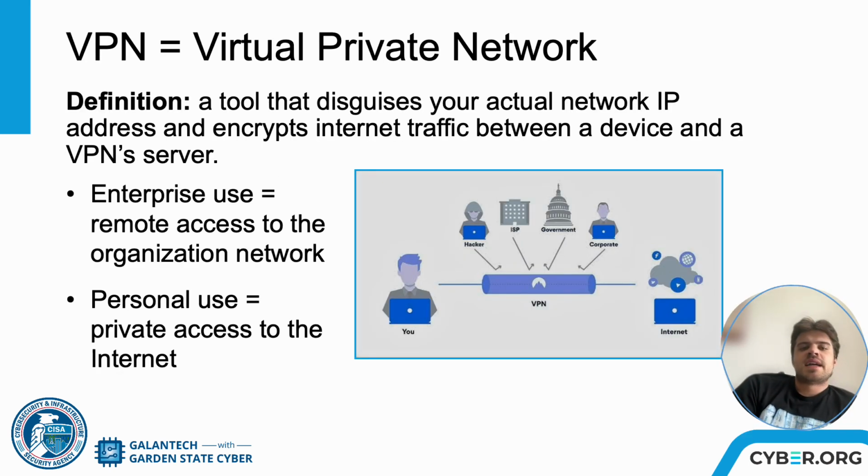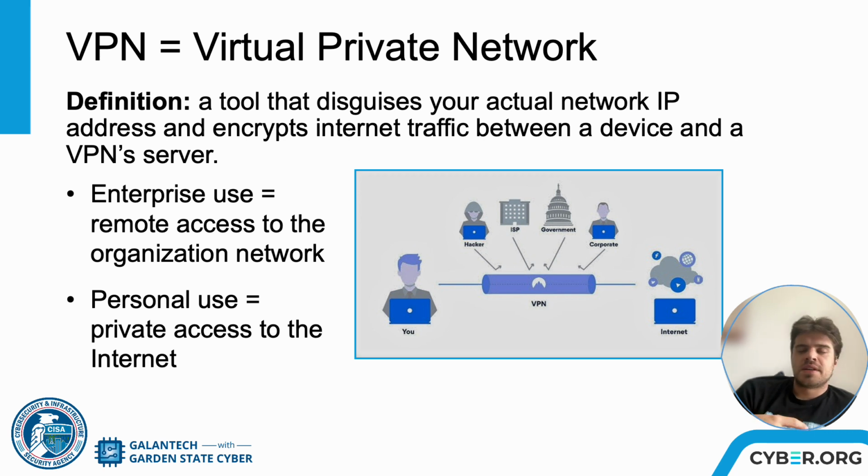So this slide just establishes the definition and the basic use cases for a VPN. The next couple of slides are going to detail how a VPN works and the pros and cons of using a VPN. As a quick review, a VPN, or virtual private network, is a tool that disguises your actual network IP addresses and encrypts the internet traffic between a device and a VPN server.